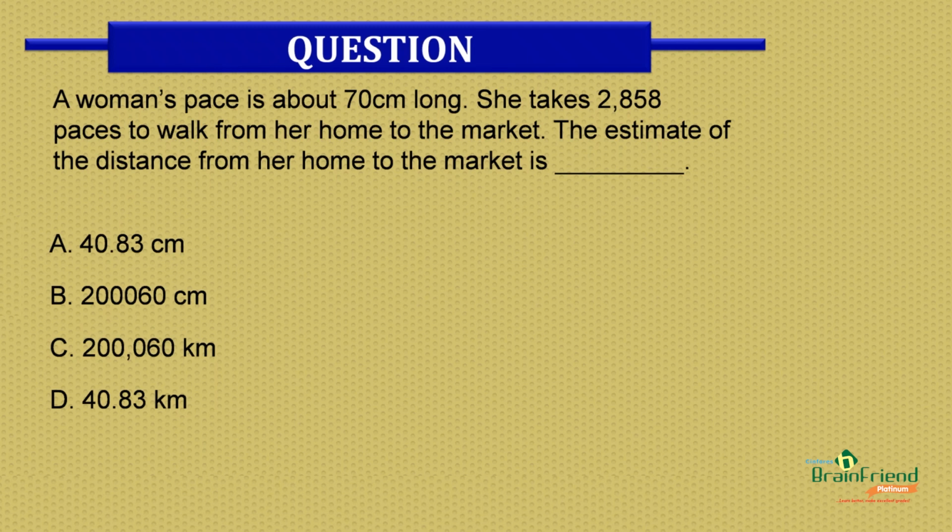A woman's pace is about 70 centimeters long. She takes 2,858 paces to walk from her home to the market. The estimate of the distance from her home to the market is option A, 40.83 centimeters. Option B, 200,060 centimeters.